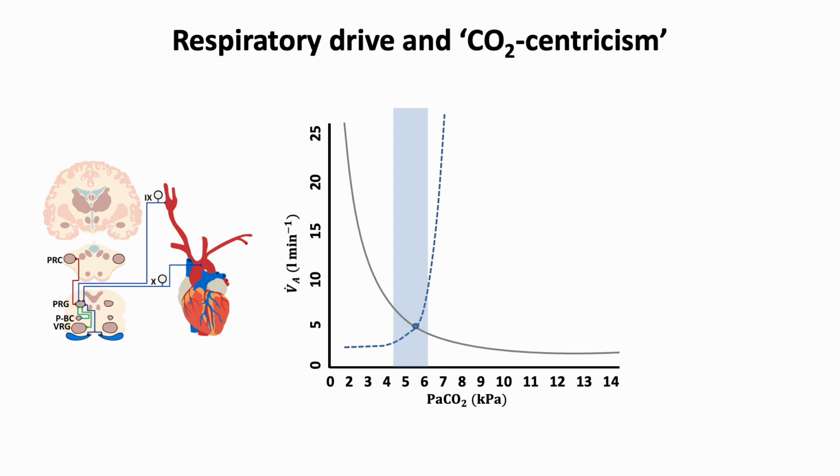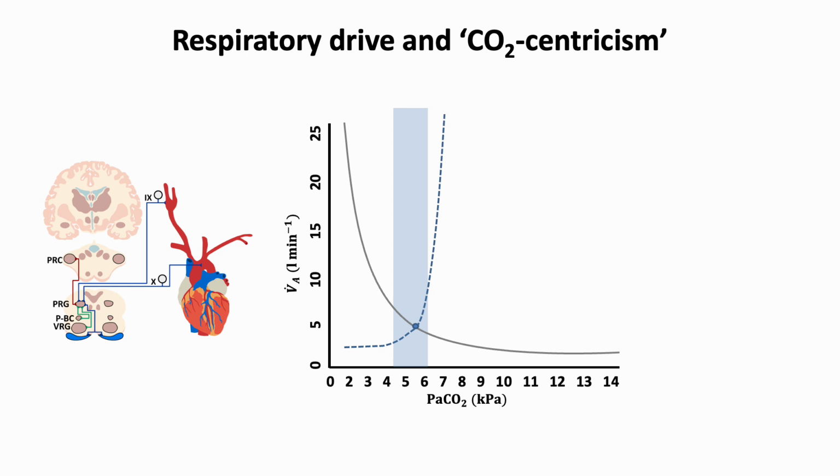But what it shows is both alveolar ventilation as a function of PaCO2 and PaCO2 as a function of alveolar ventilation. So the gray curve here shows PaCO2 as a function of alveolar ventilation.